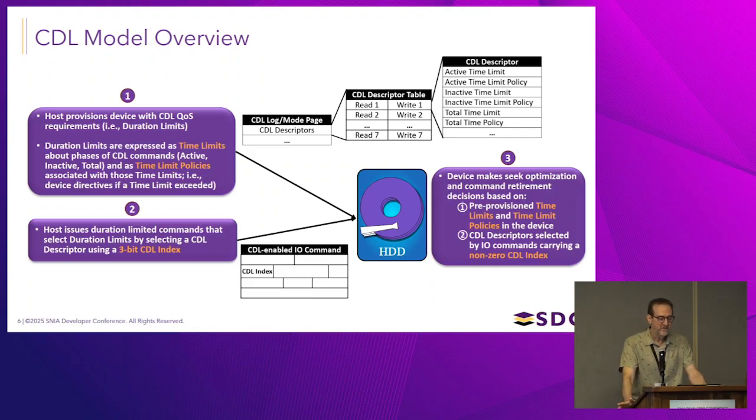And then the device can make seek optimizations and command retirement optimizations based upon the pre-provisioned time limits and policies, and on which CDL descriptor was selected for the drive. So that's the basic operation of the spec.